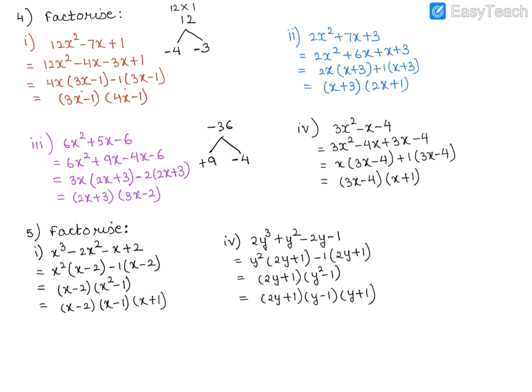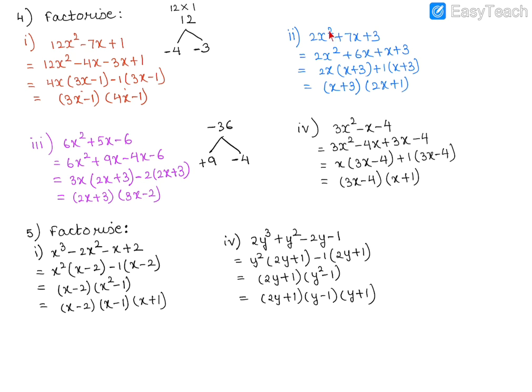So the signs are to be given according to my requirement in the center. 9 minus 4 is 5, and 9 into minus 4 is minus 36. So therefore, this will break up as 9x and minus 4x. And I can take out a 3x common. Left over is 2x plus 3, and I can take out a minus 2 common. Again see, left over is 2x plus 3.